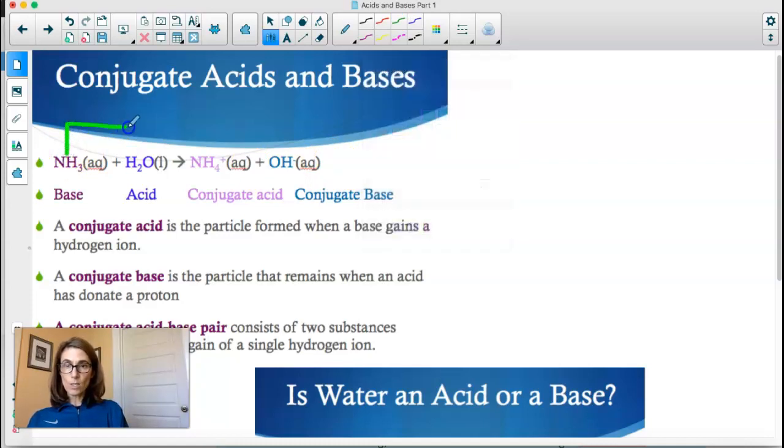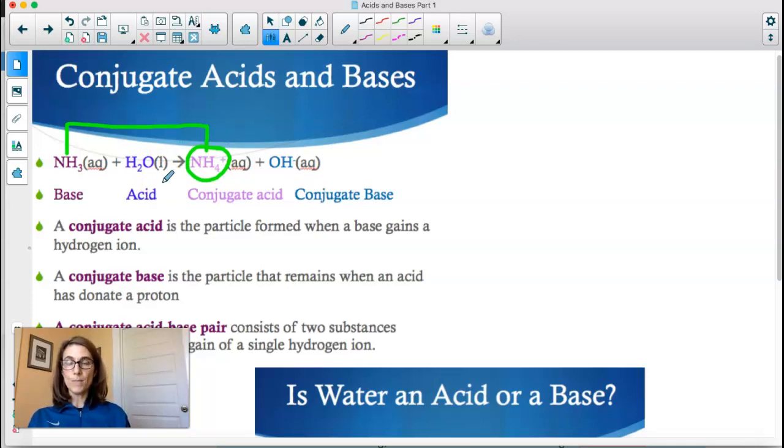So what does it look like after it accepts that hydrogen ion? It looks like this: NH4 plus. If you remember studying your polyatomic ions, that's the ammonium ion.